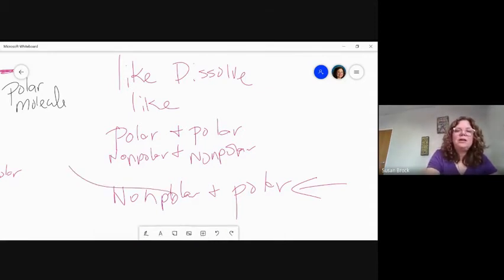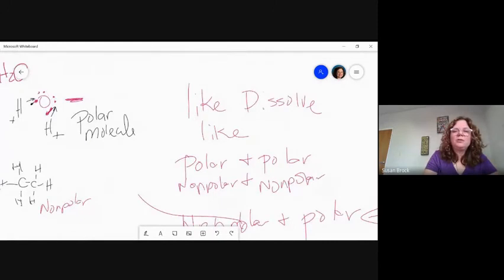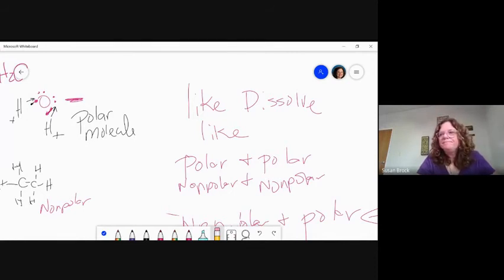right? If they mix with water, what do they have to be? What kind of molecule do they have to be? Anybody? So we know that water is polar. So if anything in your lab mixes, dissolves in water, it's got to be polar, right?